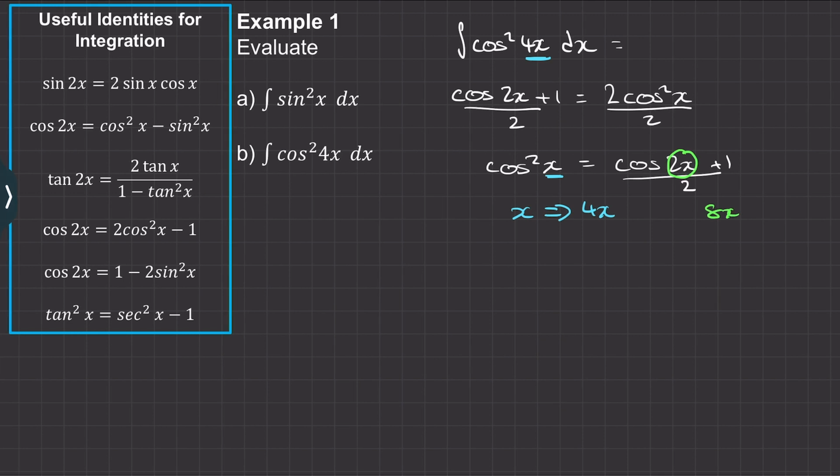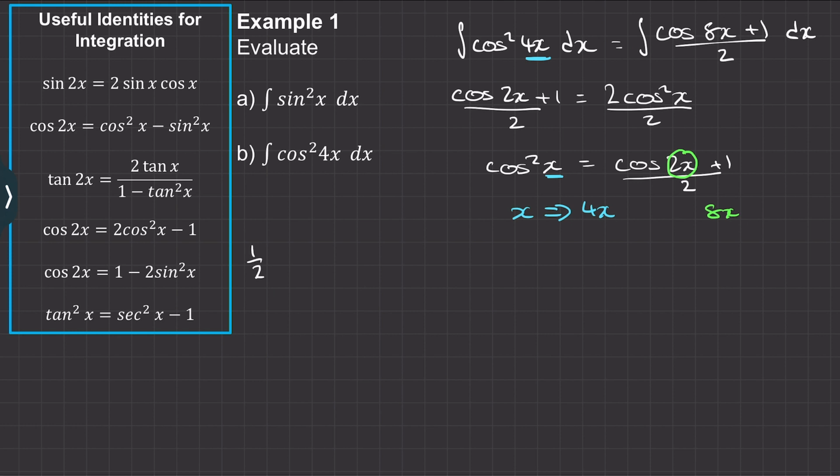So we're going to integrate the integral of cos 8x plus 1 over 2 with respect to x. And I'll just move all of this down over to here. So we'll begin by taking this division of 2 out in front of our integral sign.